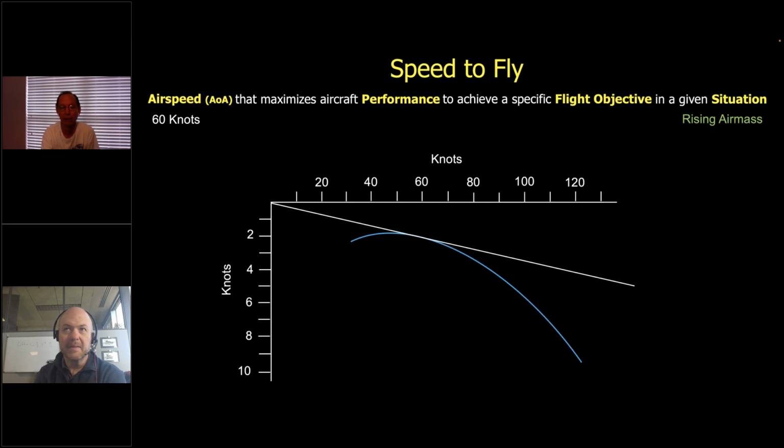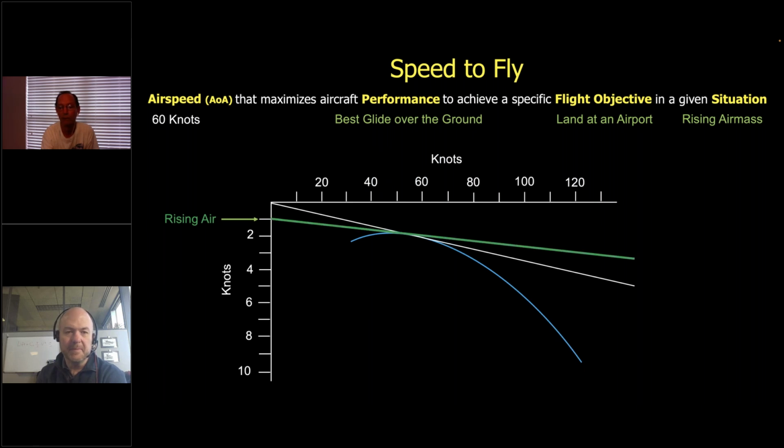So how does that affect what's going on? Well, rising air basically represents a reduced sink rate. And if you, again, use the polar to figure out what is going on, if your objective is to land at the furthest airport and your glide performance is best glide over the ground, what the polar will tell you is that you can get a dramatically improved glide ratio if you're flying in rising air.